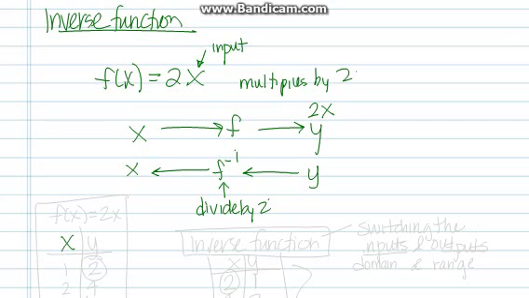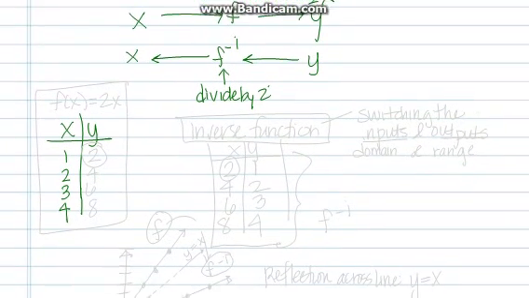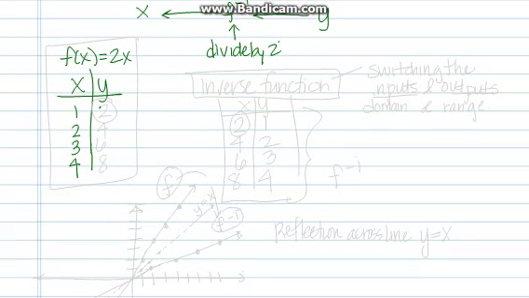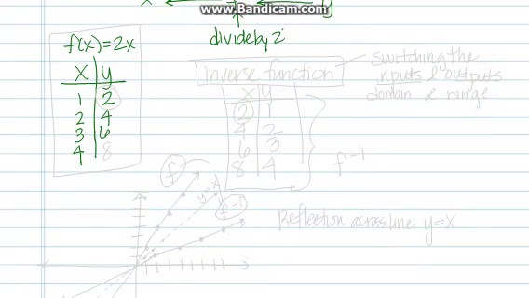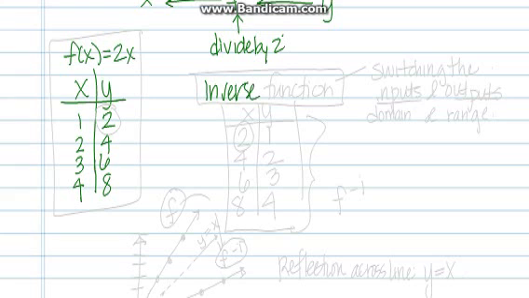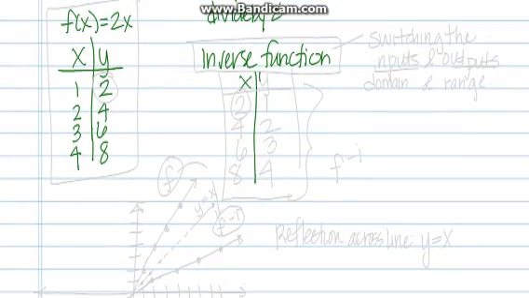So for example, let's look at if we have the inputs 1, 2, 3, and 4. We know that our function f of x doubled each of these values. It multiplies it by 2. So we have 2, 4, 6, and 8. So the inverse function would do the exact thing but in reverse. So for our inverse function, if you have a 2 as your original output, we're going to start with that input and we want to get back to where we started, which is 1.